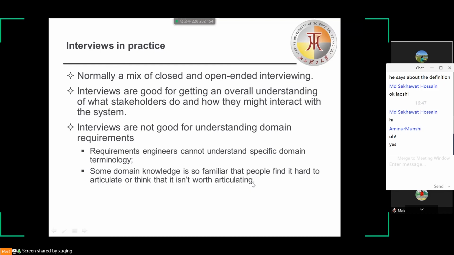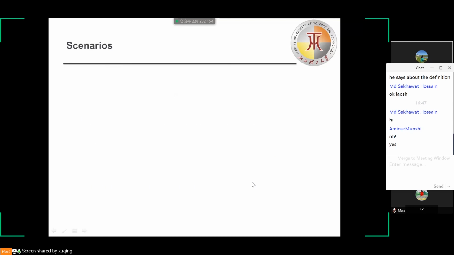Okay, now we'll see another technique to discover requirements, which is the scenario. People usually find it easier to relate to real-life examples rather than abstract descriptions. And scenarios are real-life examples of how a system can be used.